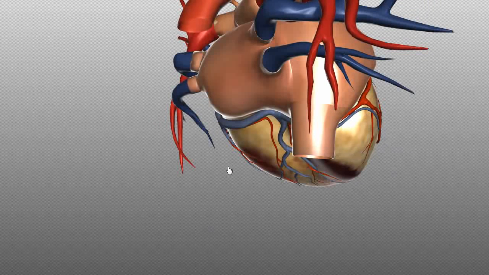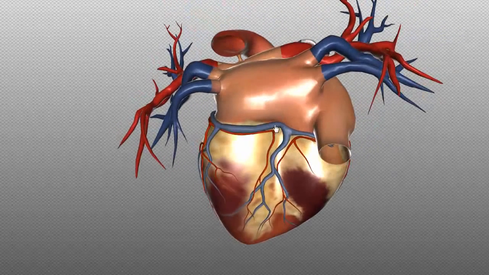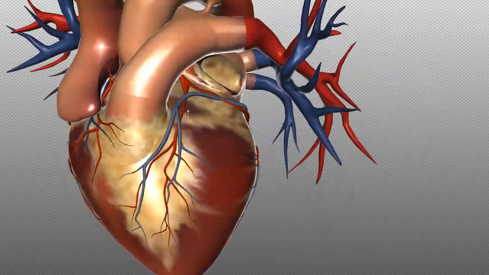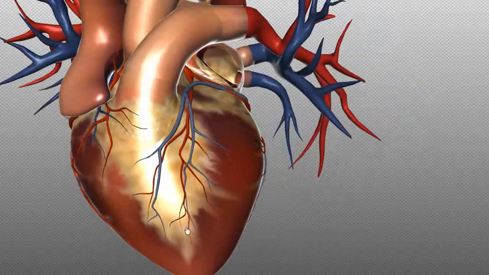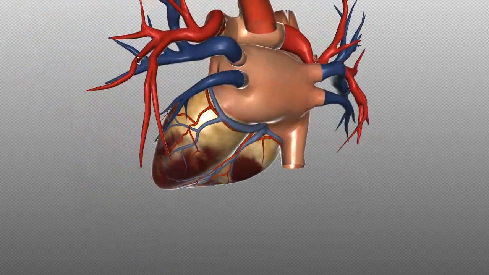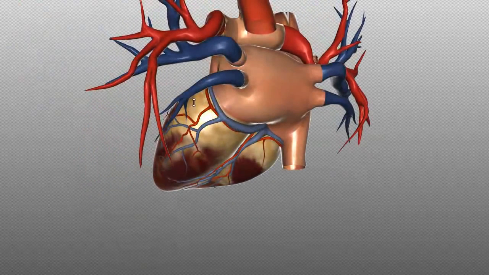So this is the coronary sinus here, and it receives four tributaries. So you've got the great cardiac vein, which runs down the anterior interventricular sulcus and winds around to join the coronary sinus at the back. So that's the great cardiac vein.